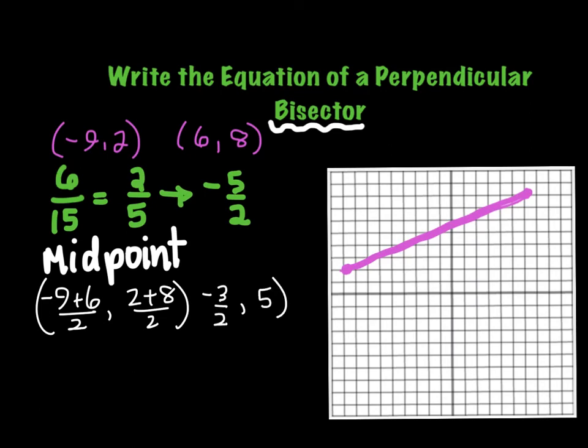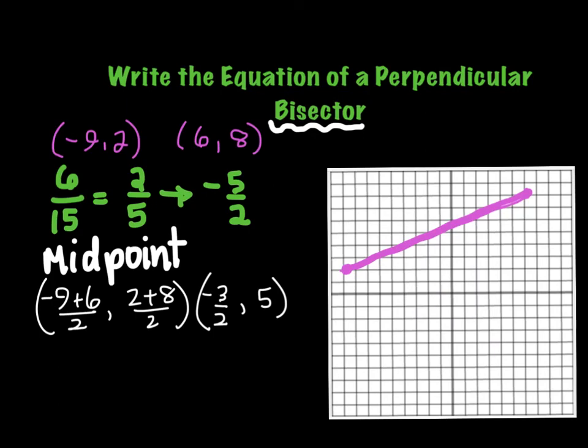And let's see what that looks like. Negative 3 over 2 is negative 1.5. And then I'm going to go up 5. 1, 2, 3, 4, 5. Right there. Does that look like about the middle? It certainly does. So that means my midpoint.